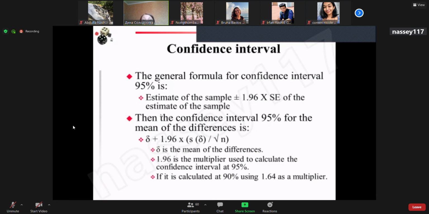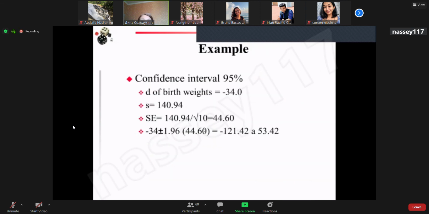I remind you that here we have the standard error of the mean. So we calculate the confidence interval: the mean difference is minus 34, the standard error is 44.6, and the confidence interval is from minus 21 to 53, which is very wide.